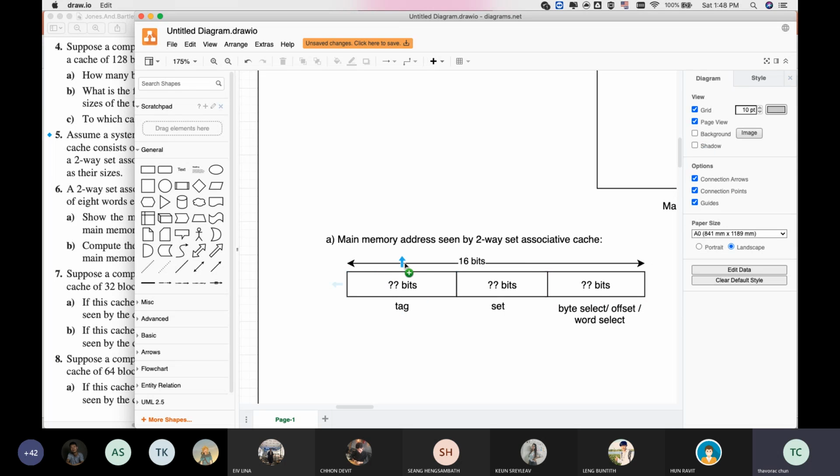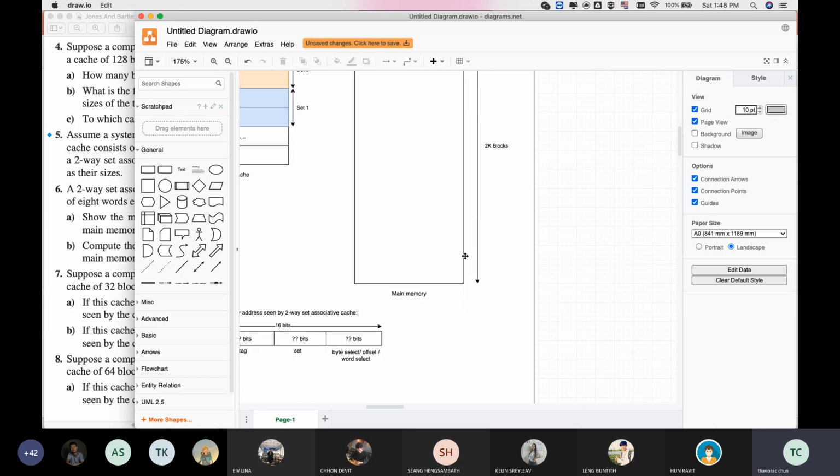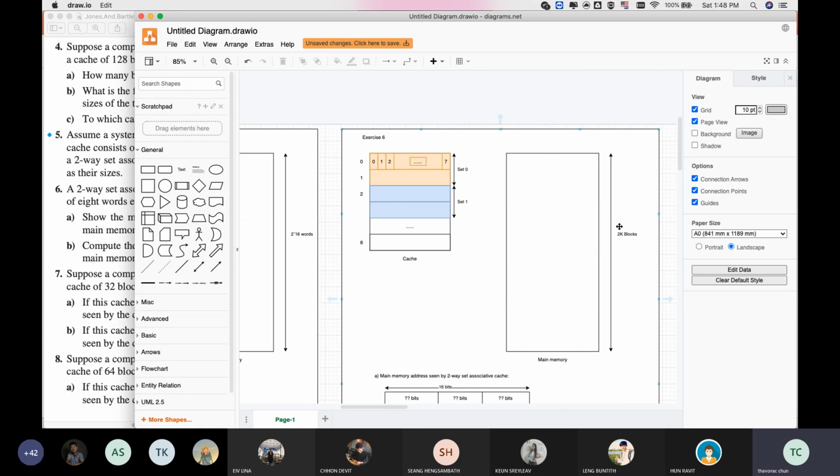So here, to find this format, first we need to find the total bits of the main memory address. And to find that, we need to see how many words our main memory can contain. From the instruction, you find that main memory contains 2K blocks. And one block contains 8 words, right?